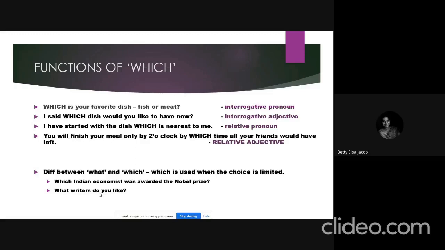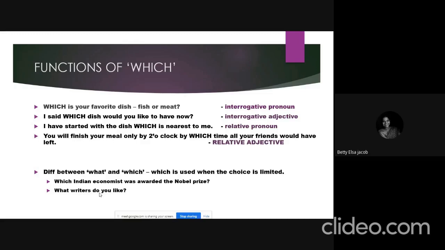So, which Indian economist? What writers do you like? So it's a vast number of choices. You're given a lot of choices and you're asked to choose one or two writers that you want to. So when you have a limited number of choices, you'll use the question word which, and you'll use what when you have a large number of choices.